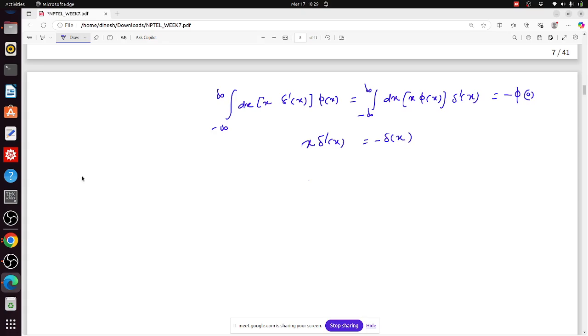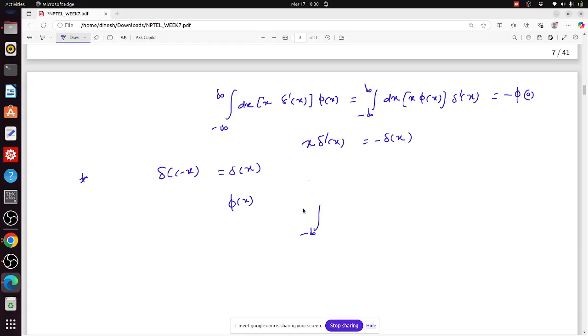So the next property is delta(minus x) is equal to delta(x). To see this, we introduce a test function, let's say phi(x).